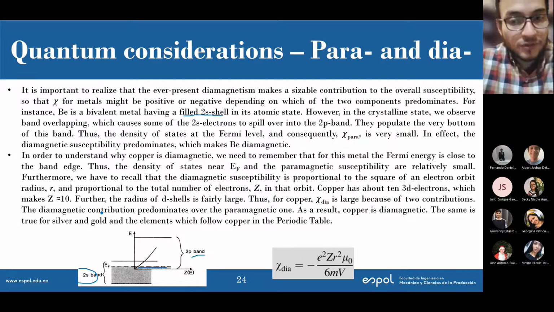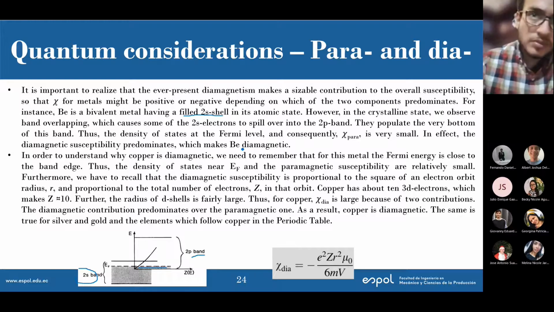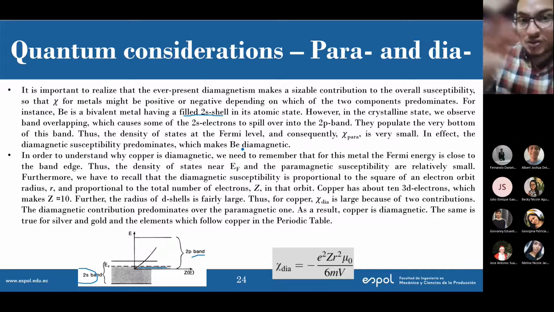Now, let's also consider copper. Why is copper diamagnetic? Just kind of interesting. Remember that in copper, and if not, go back to module 2, electrical properties, and look at the band structure of copper, you will see that the Fermi energy is very close to the band edge.